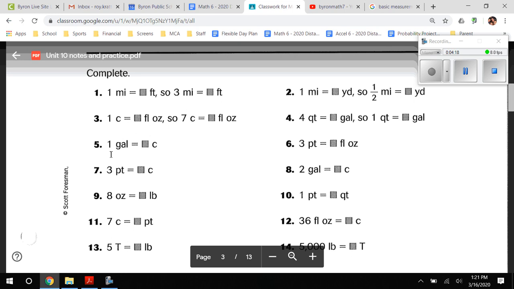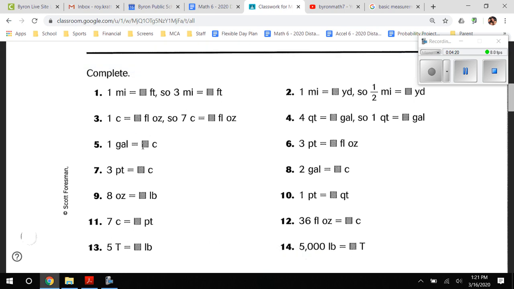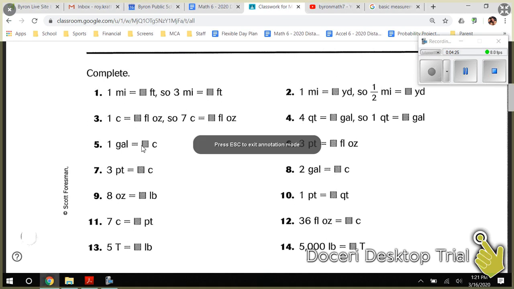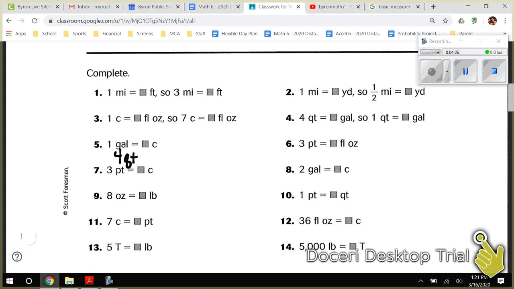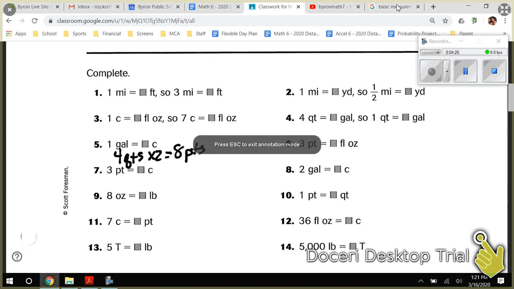So this says 1 gallon equals how many cups? Okay, well, we got to look at that. So 1 gallon equals 4 quarts. And in each quart, there's 2 pints. So we're going to do times 2. That'd be 8 pints. Okay, and then, if you wanted to, we could look back at that basic measurement system.